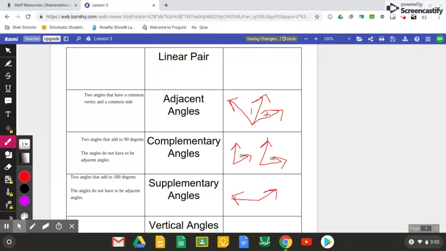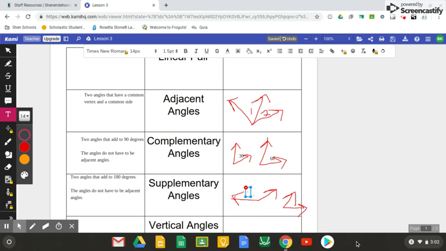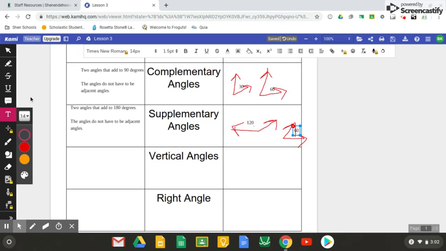And maybe you have one that looks like this. Let me get my text box. Now I just got to pick. So they're adding up to 180. So if I pick this one to be 120, this would be 60. Okay.